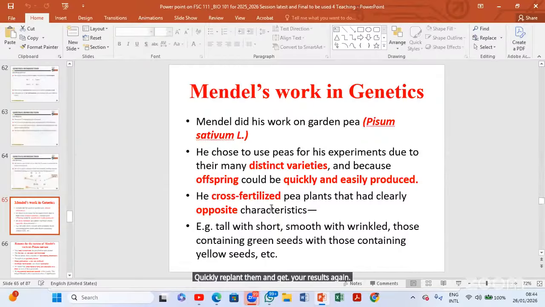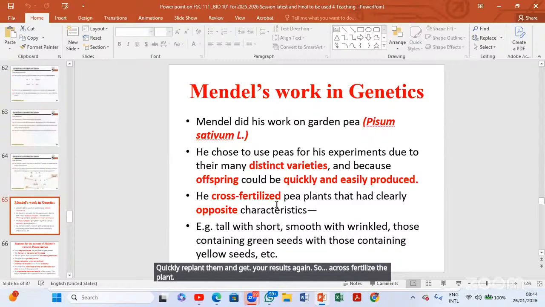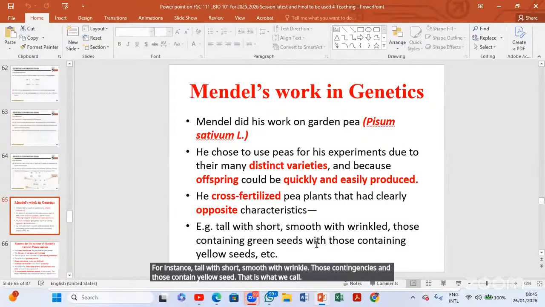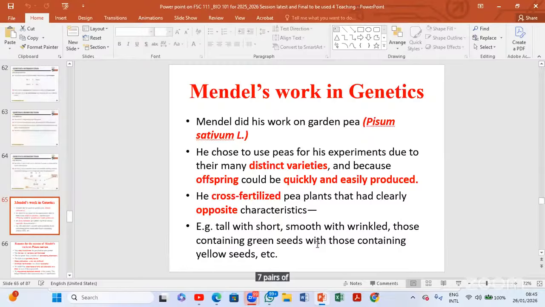He cross-fertilized pea plants that had clearly opposite characters. For instance, tall with short, smooth with wrinkled, those containing green seeds and those containing yellow seeds. That is what we call 7 pairs of contrasting characters.